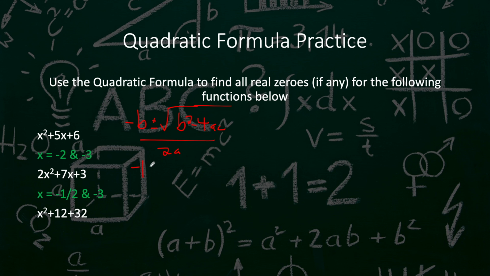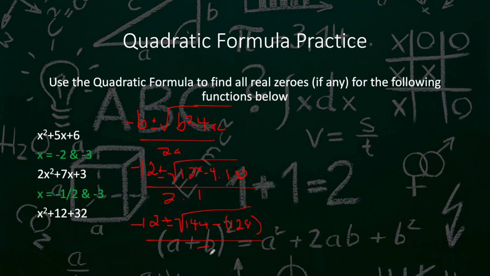This gives us -12 plus or minus the square root of 12 squared minus 4 times 1 times 32, all over 2 times 1. 12 squared is 144, minus 4 times 1 is 4, times 32 is 128.